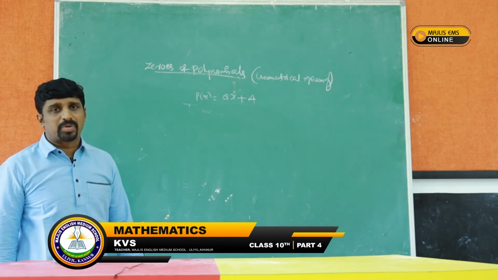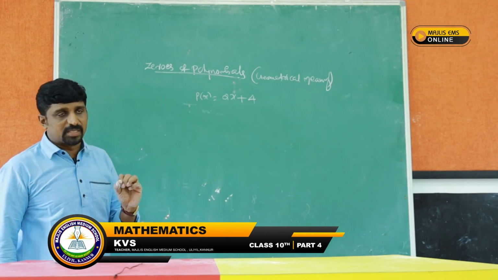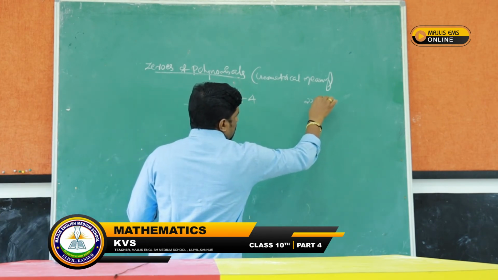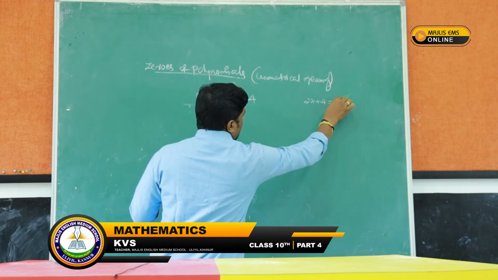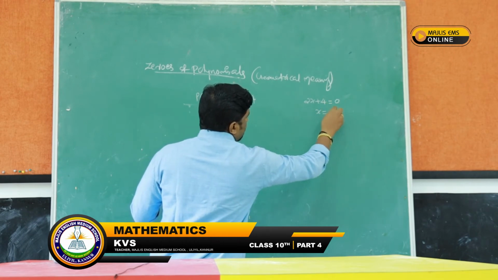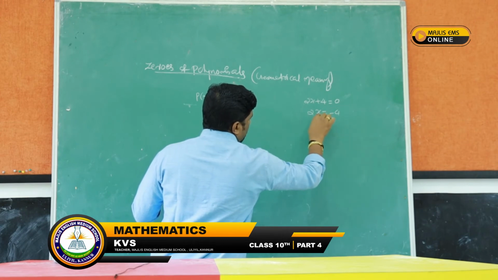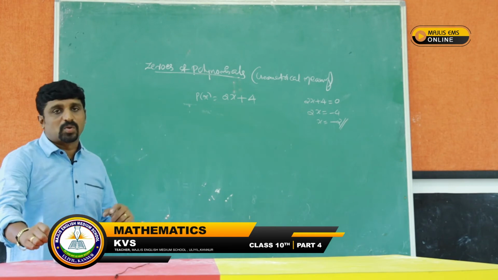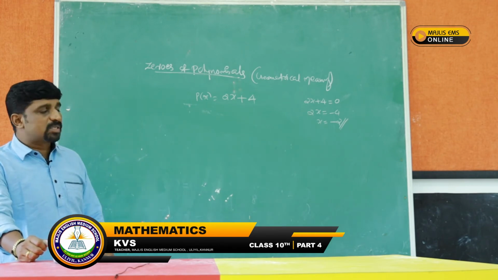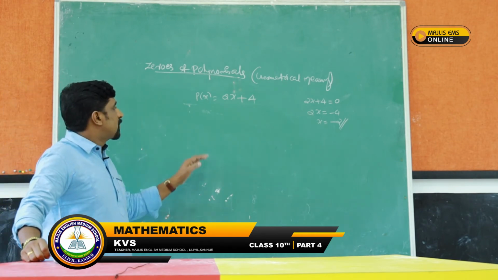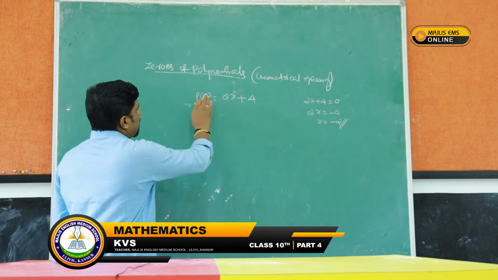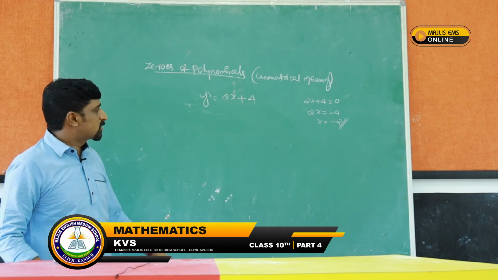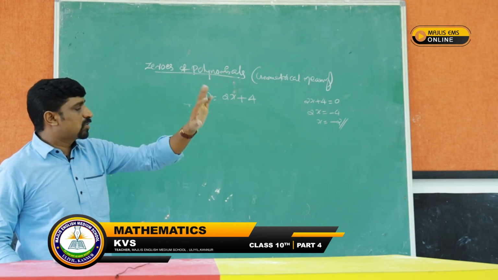Normally we can find the solution like this: 2x plus 4 equated to 0. 2x plus 4 equal to 0, you get 2x is equal to minus 4, then x is equal to minus 2. Here we got only 1 zero. And p of x equal to 2x plus 4, p of x can be taken as y equal to 2x plus 4. Therefore, the answer we got is x is equal to minus 2.